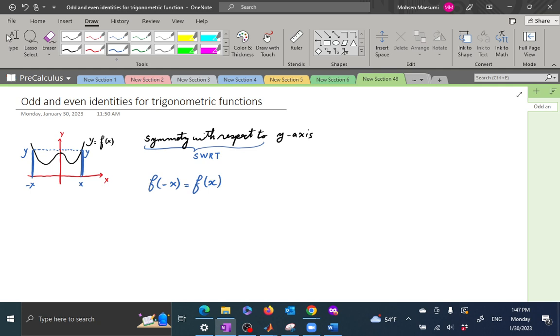Now if such a thing happens, we have a name for that kind of function, and we say f is an even function. What is the reason for this terminology? Because if I have f of x equal to x squared, that would be the simplest function that shows this type of behavior.